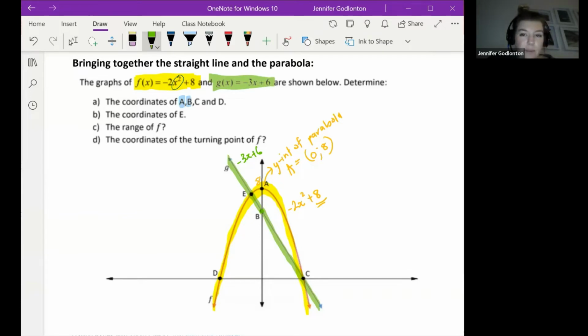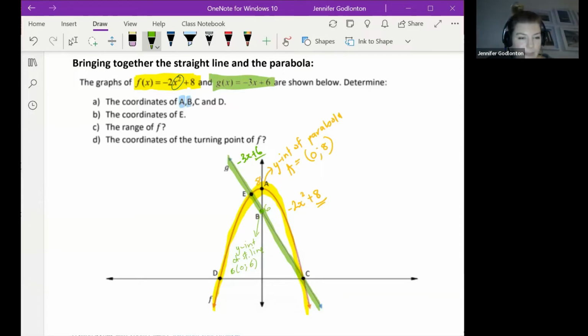Careful, Mpho, careful about your signs. B is the y-intercept of the straight line, which is our Q value, which is 6. So that means that B is going to be 0, 6. So that point up there is 6.